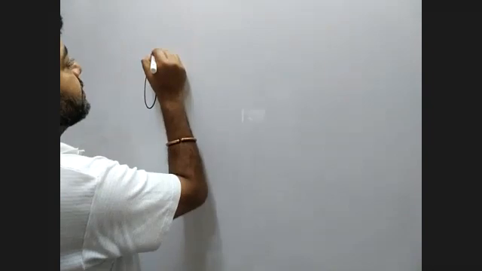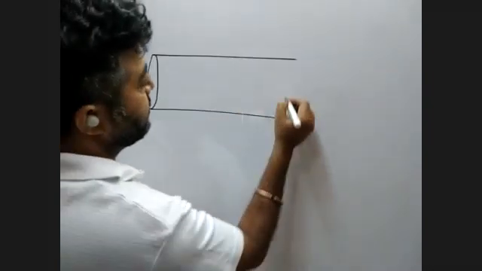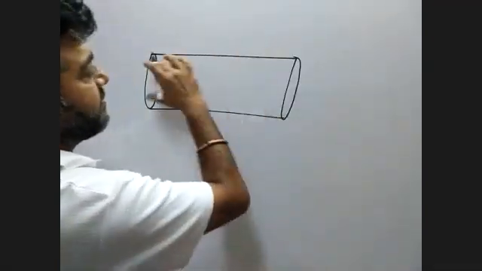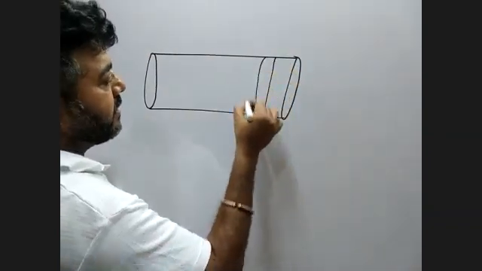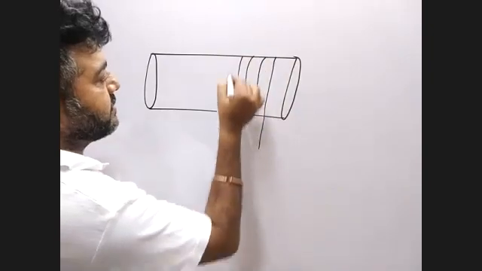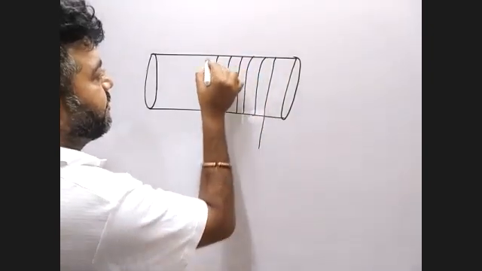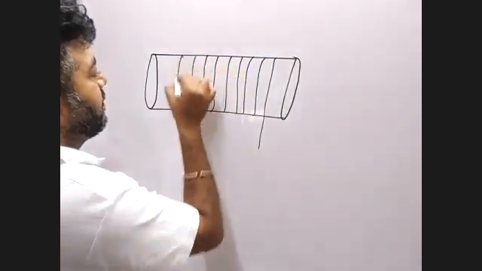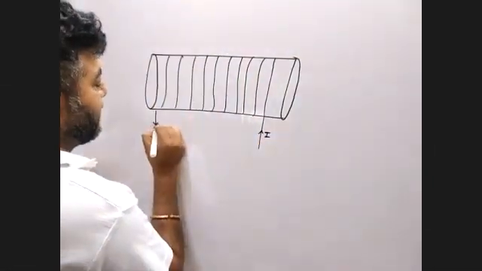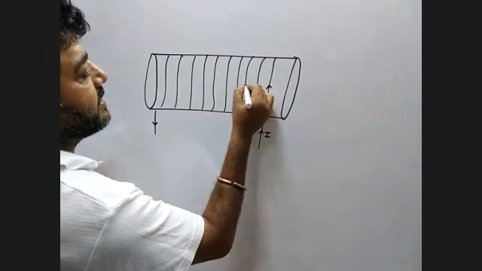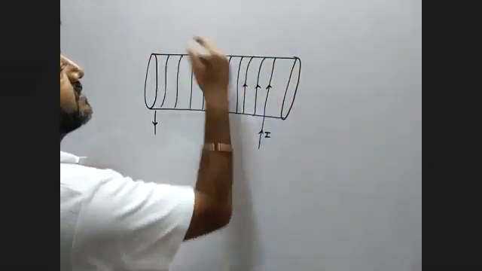Suppose this is my cylindrical form where I wrap a winding wire like this. So this is the incoming current, this is the outgoing current, and the current is moving like this.